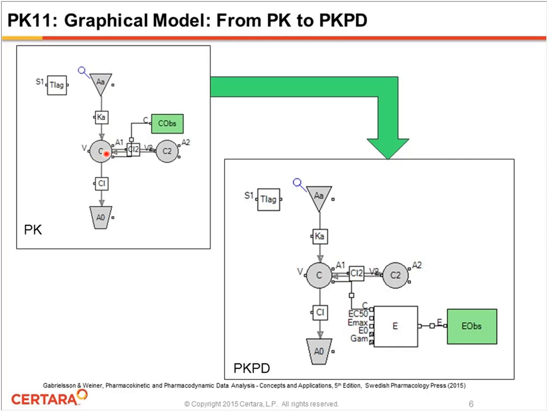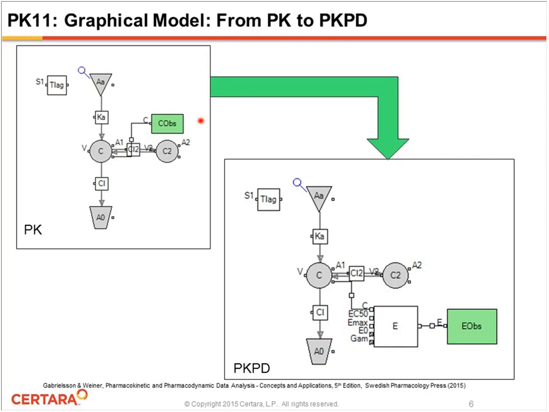We have a bidirectional flow to a peripheral compartment with the concentration C2 and the volume V2. And we have another flow, a one-directional flow to the elimination compartment, and that is governed by the clearance. And we have also this intercompartmental distribution with another clearance, Cl2. So this is a graphical description of the PK part of the model.